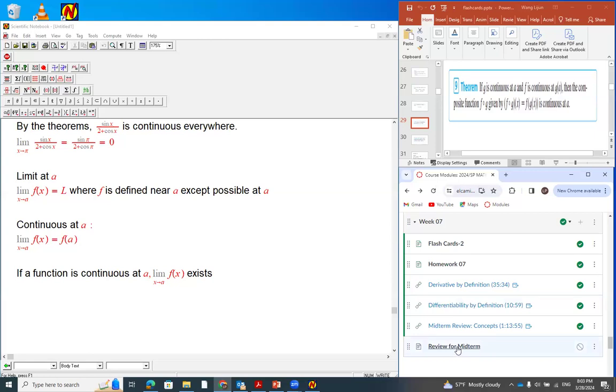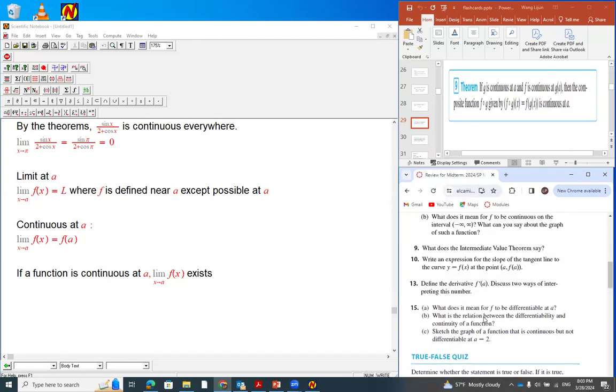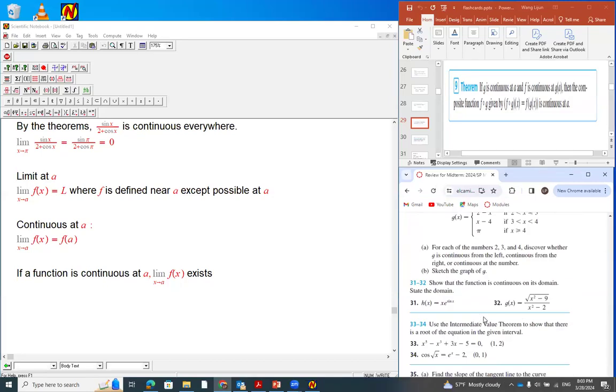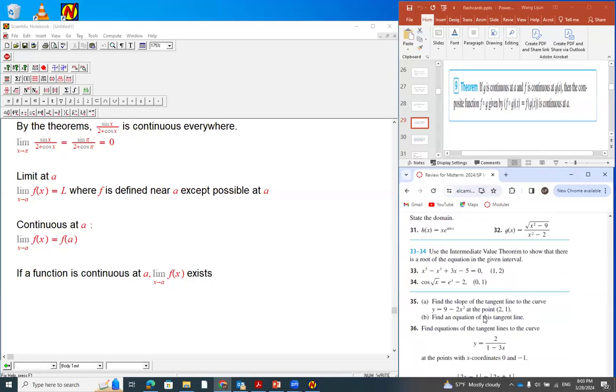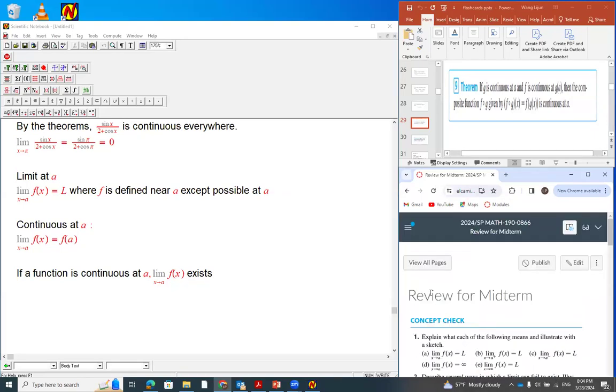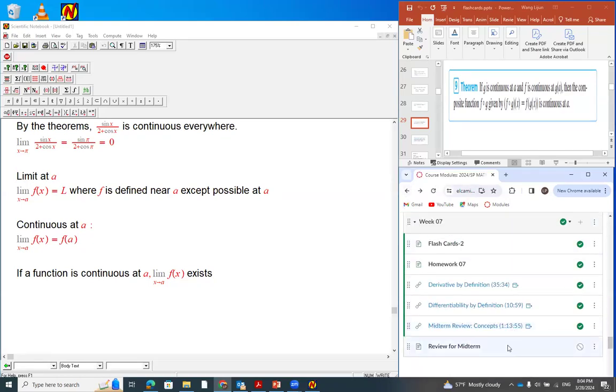I'm going to take a look at this midterm review before I publish. There are some more exercises for you, actually from the textbook. I think doing your homework will be enough, so I'm not going to add more work for you. I'm not going to publish this. If you want more exercise, you can go to the textbook to find some questions to work on. And the next one is differentiability.